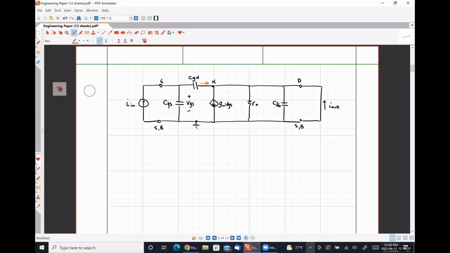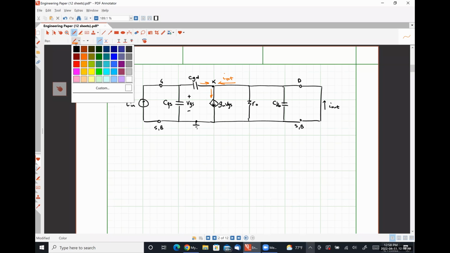We have a current flowing in from the gate drain capacitance. We have a current flowing out due to this current source. And then we have this current flowing in where this guy right here is simply I out, because the drain body capacitance in r0 would represent a path that the short circuit current would neglect, right?